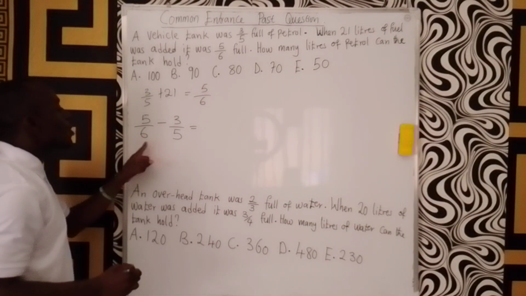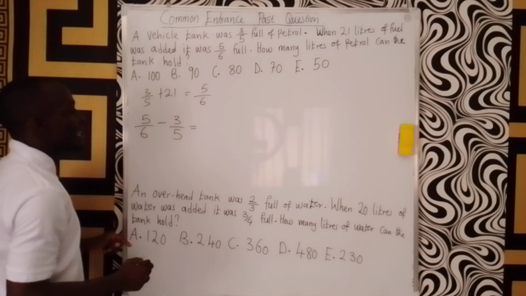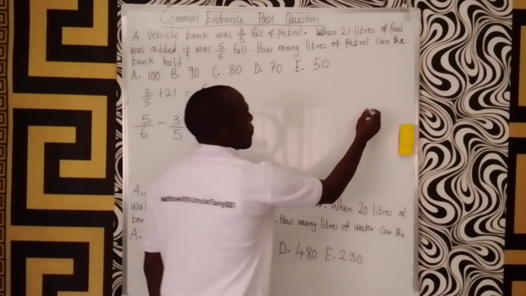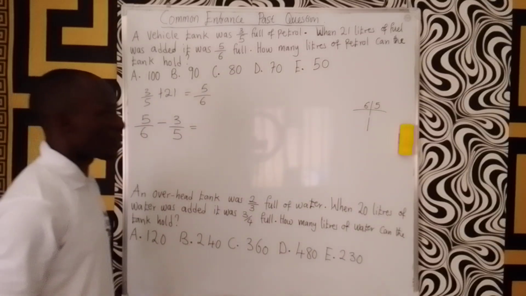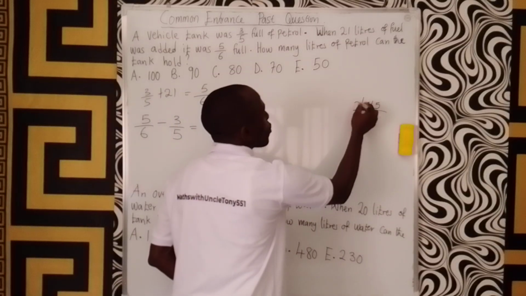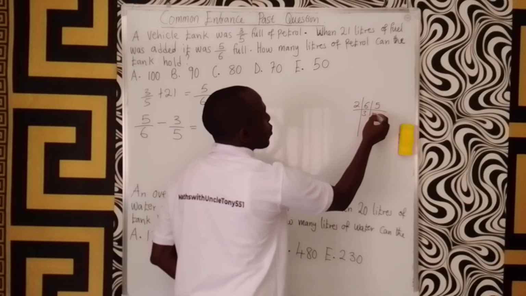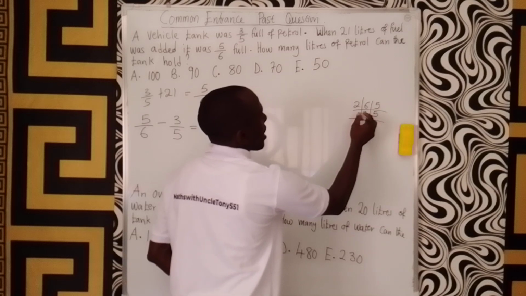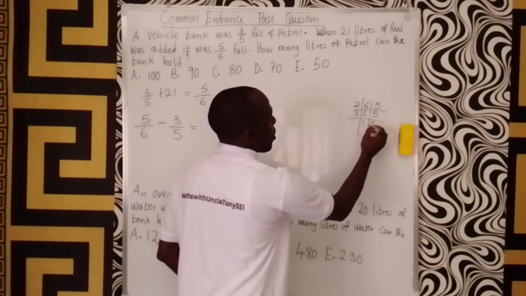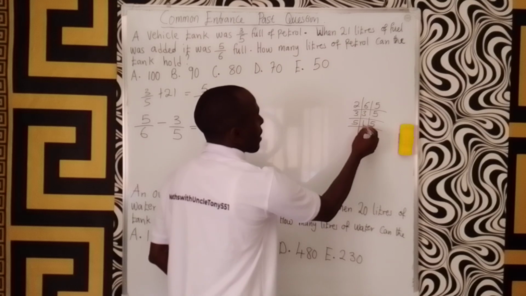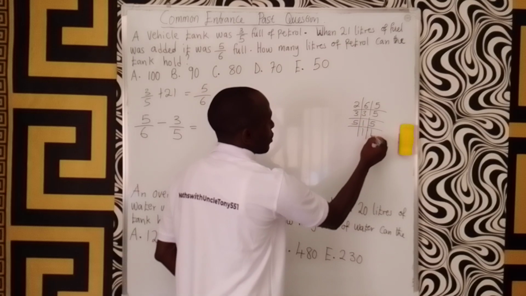Now we are quickly going to look at the LCM of 5 and 6, because they are different denominators. 2 can divide 6, we have 3, but 2 into 5 cannot. We have 3 again, 3 into 3 is 1, 3 into 5 cannot. We bring 5, 5 into 5 is 1.